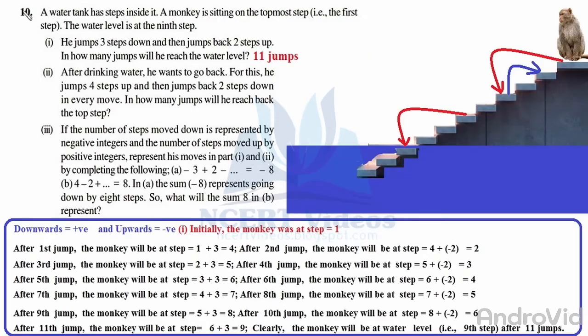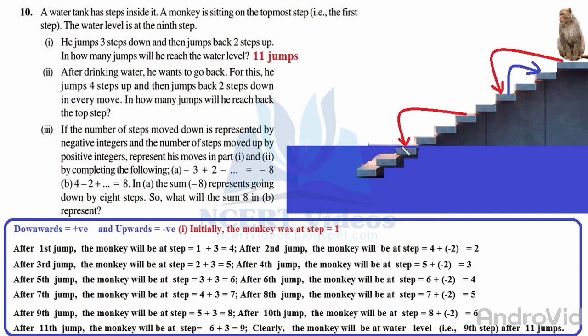Question 10. A water tank has steps inside it. You can see here, this is a water tank and these are the steps. A monkey is sitting on the topmost step, as you can see here. The water level is at the 9th step. So 1, 2, 3, 4, 5, 6, 7, 8, and 9.